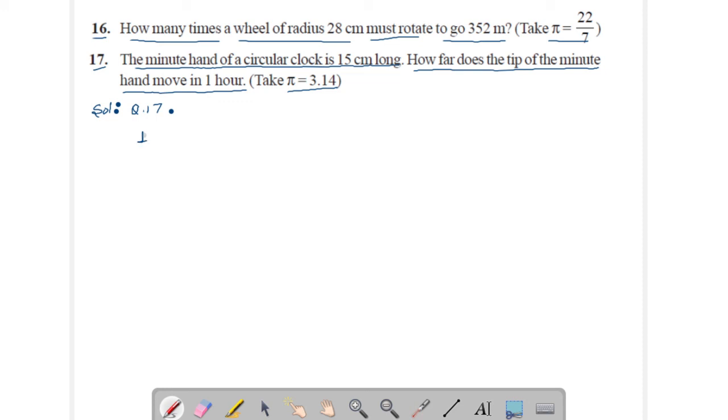In 1 hour, minute hand completes 1 round, means makes a circle.